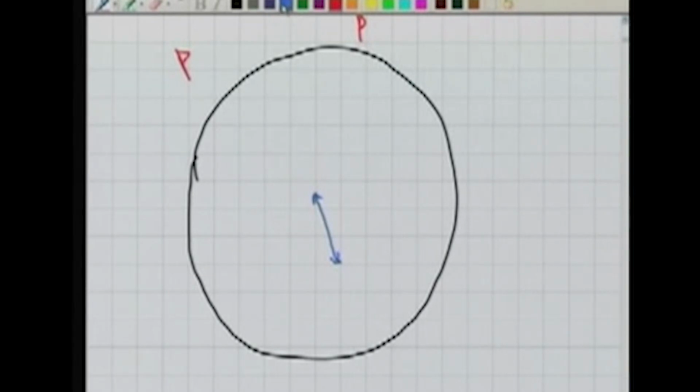So in order to measure these angles, I take a sight to this and I take a sight to this. So these are the two sides. While I am taking these two sides, what is happening to the verniers?